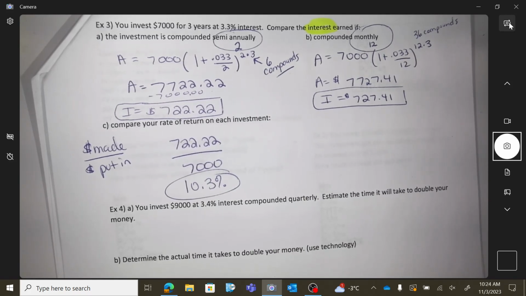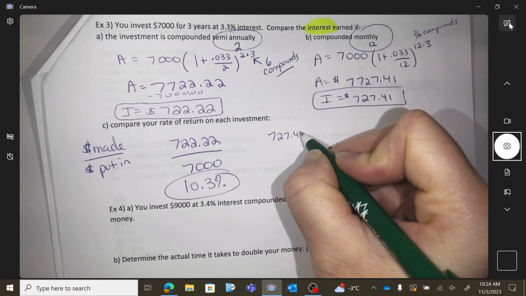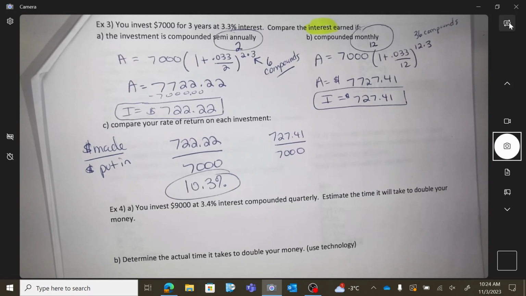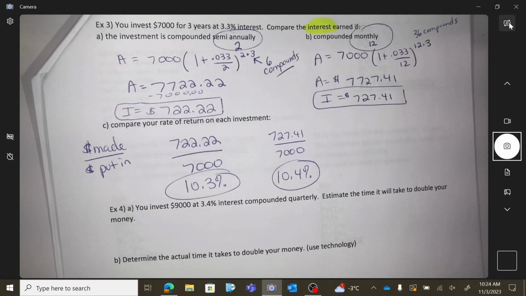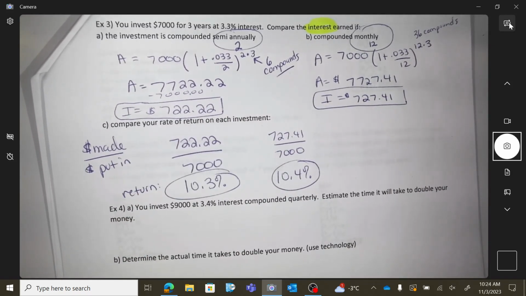Okay, you always have to times it by 100 to make it into that percent. Money you made divided by money you put in. Okay, that's that understanding. How much do I get as a return on my investment?